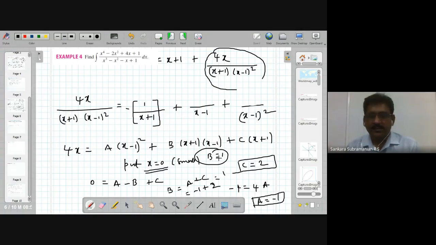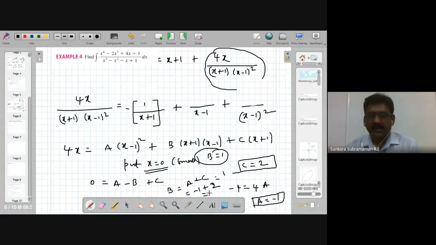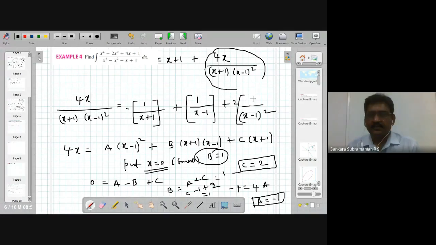B equals A plus C, so B equals 1. And what about C? C equals 2. Thank you.